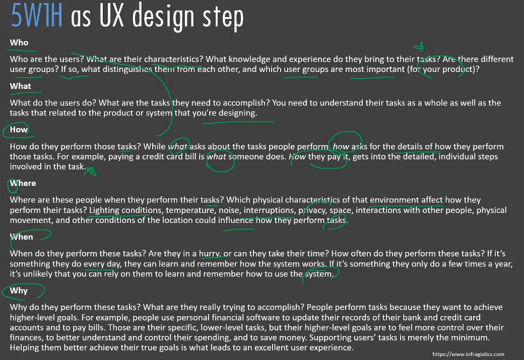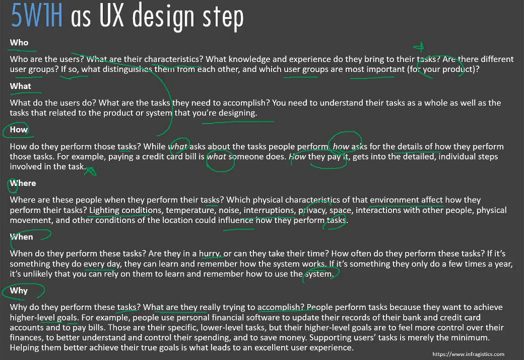The final one, why? Why do they perform these tasks? What are they really trying to accomplish? People perform tasks because they want to achieve higher level goals. For example, people use personal financial software to update the records of their bank and credit card accounts and to pay bills.